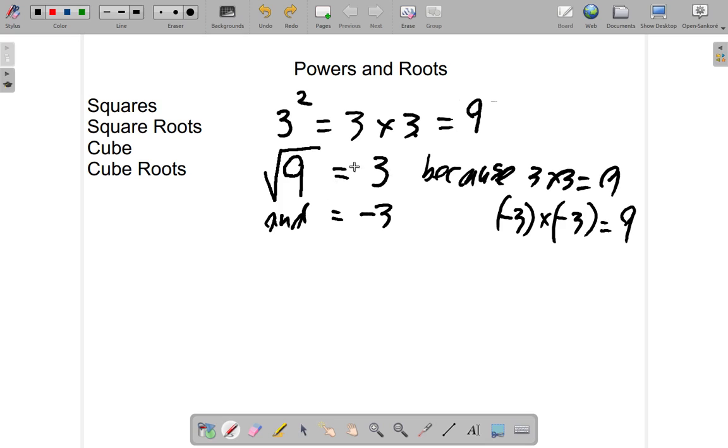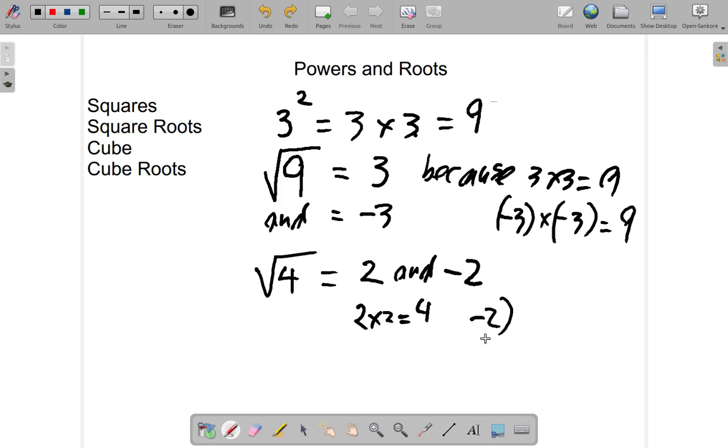Square root of 9 is equal to 3 and is also equal to negative 3. So that's the square root of 9. Square root of 4 is equal to, what is it? It is 2 and negative 2, because 2 multiplied by 2 gives you 4. Also, negative 2 multiplied by negative 2 gives you 4.